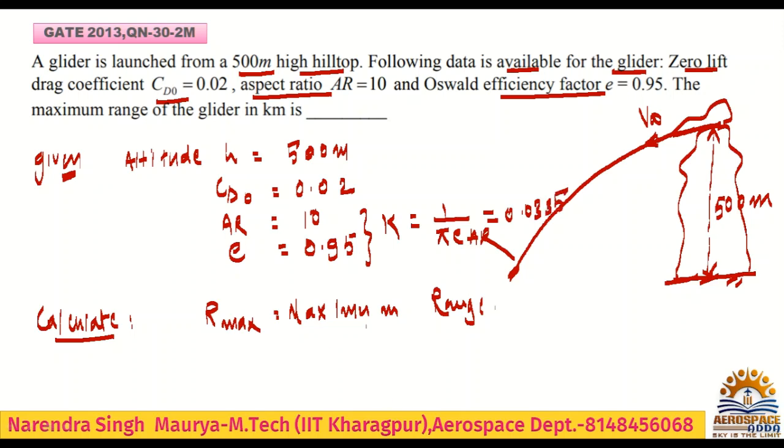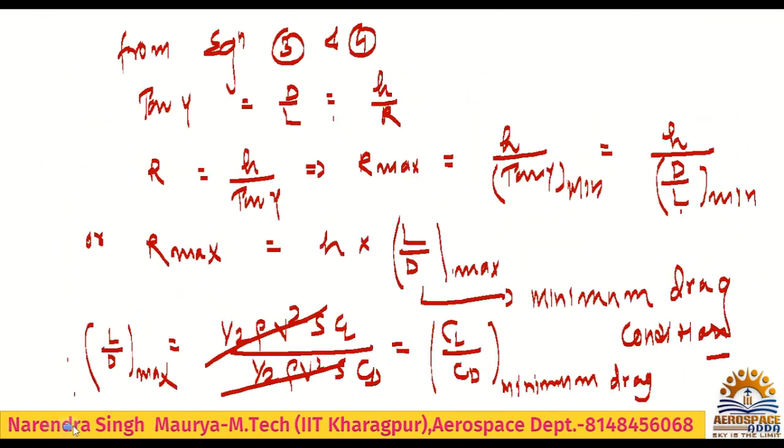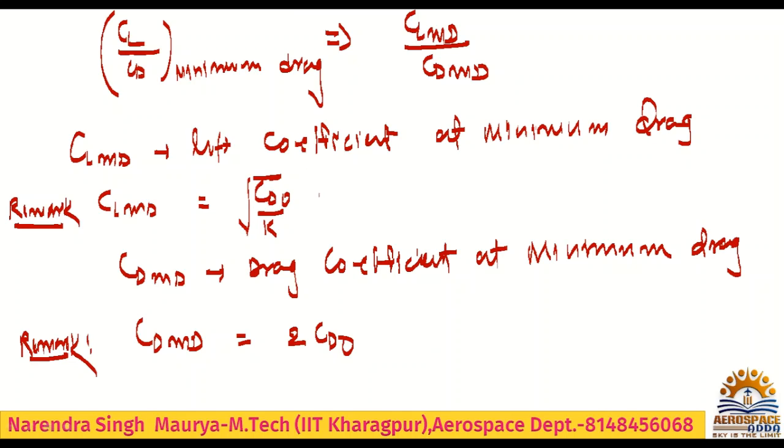What is the K? You got it, no? So automatically you know K also, 0.0335. CD naught is given 0.02. You take this value and calculate 0.02 divided by 0.0335.